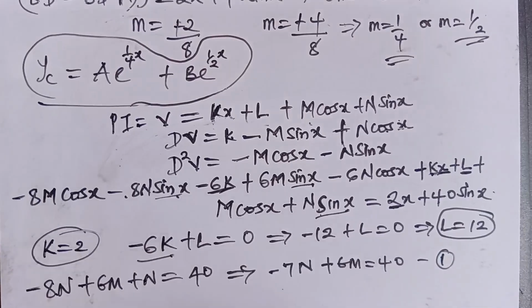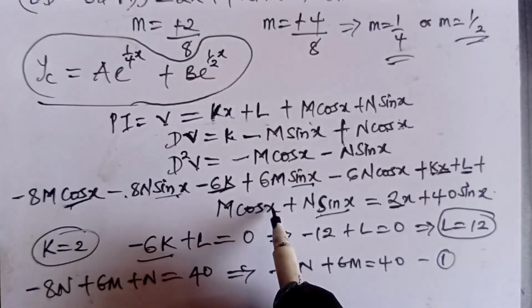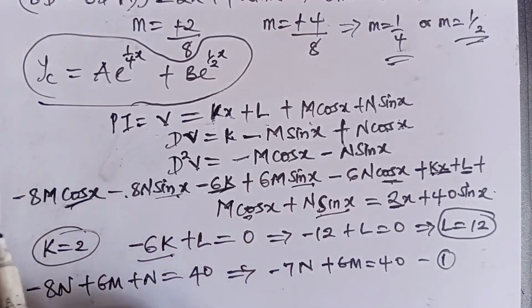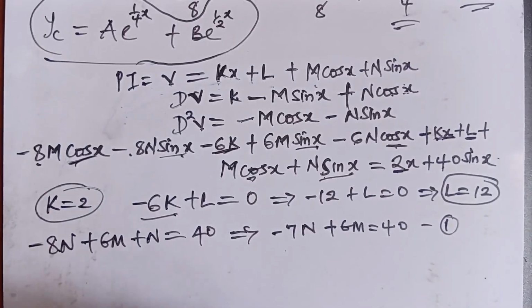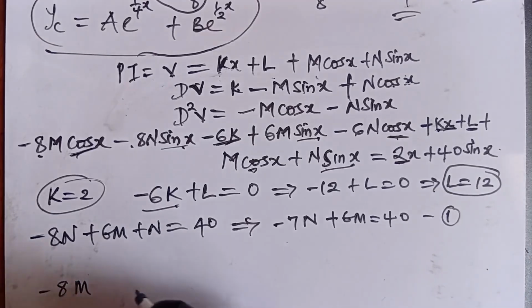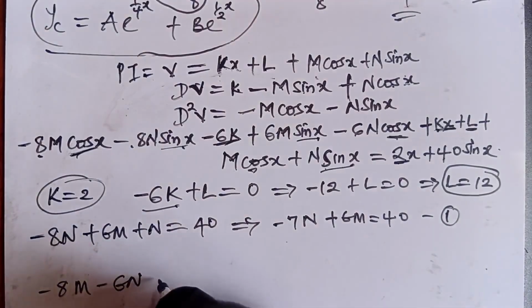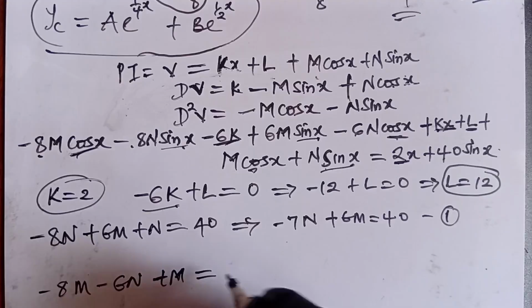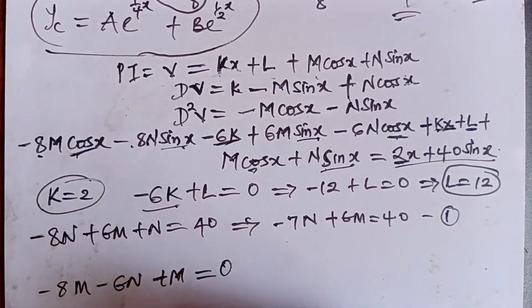You get it? Then we have, for cosine, minus 8m, and then minus 6n and plus m. There's no cosine term at the right-hand side, so we set it equal to what? 0. Minus 8 plus 1 is minus 7.